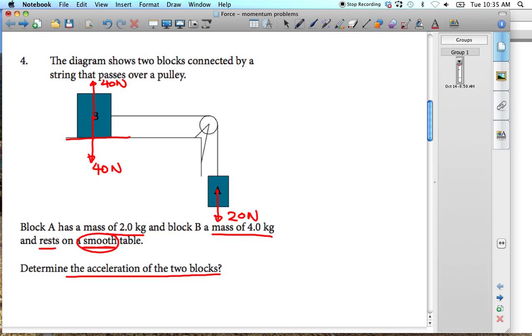So the only unbalanced force is actually going to come from the tension in the string, which comes from this 20 newtons. So this 20 newtons, because we've got this string attached, is the accelerating force. This is actually the resultant force on the whole body, and that's equal to 20 newtons.